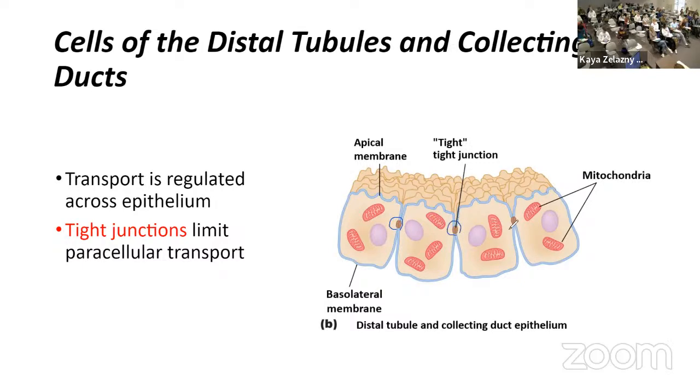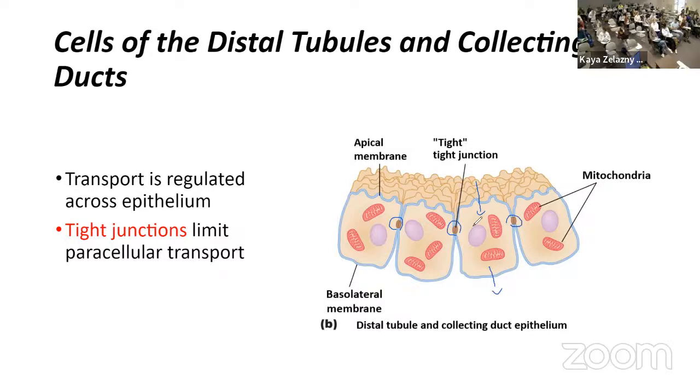So we have a tight seal here, which means that in order for water to go across and get into the blood, it has to travel across our apical membrane, and then it has to travel across our basolateral membrane. If it can't do both of these steps, then it can't flow into the blood, right? You can't get into this cell, you're not going to set up a gradient where you can get out of this cell either. Okay.